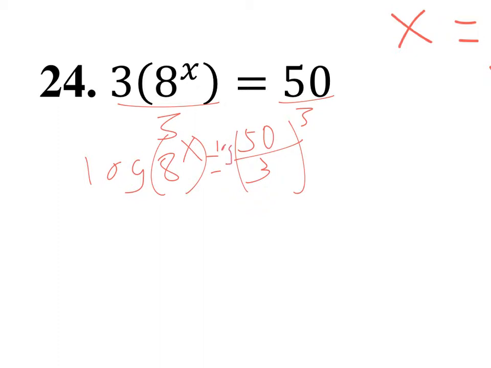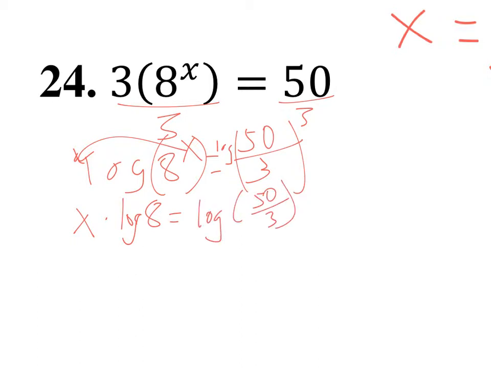We're going to drop the x down. Nope, let's back that up. We have x times log of 8 equals log of 50/3. And then we're going to divide by log of 8.